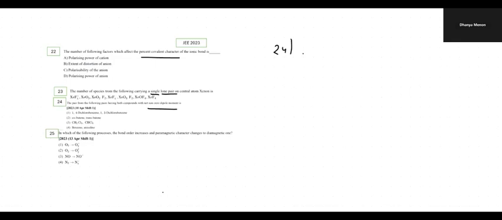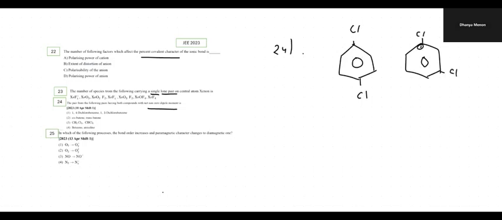So if you see 1, 2, this is the benzene ring. This is 1 and 1, 2, 3, 4. 1,4-dichlorobenzene, and this is 1. If I label this as position 1, this is 1,3-dichlorobenzene. So here they cancel.